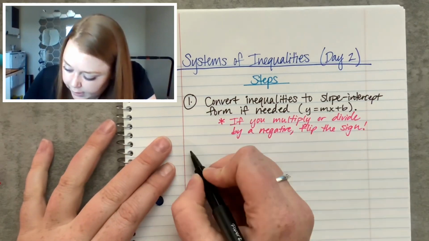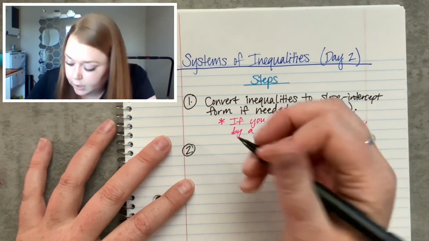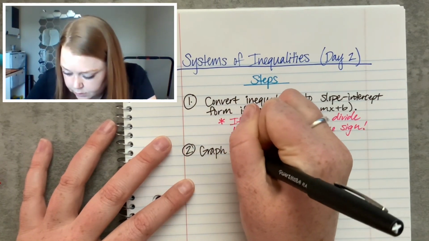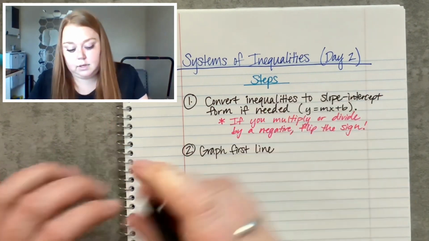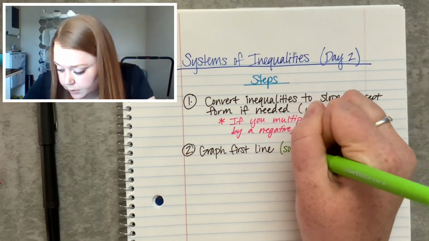Okay, and step 2: graph the first line. And this is where you've got to be careful whether it's solid or dashed.